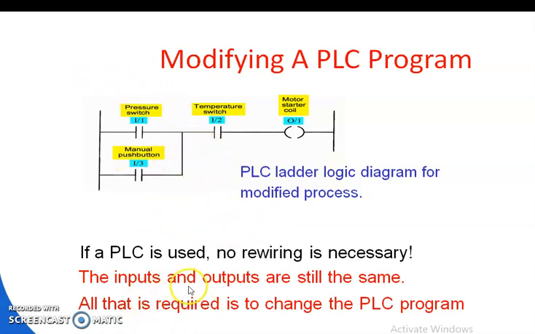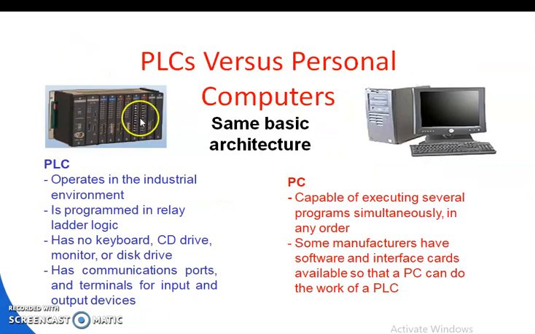The inputs and outputs are still the same, and all that is required is to change the PLC program. So the above block diagram shows the PLC ladder logic diagram for the modified process.